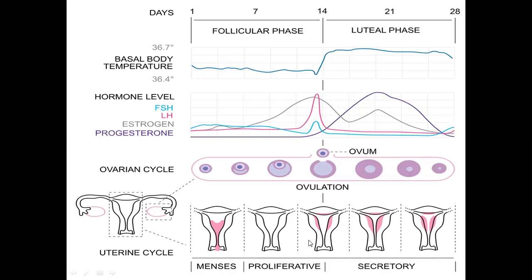Proliferative phase means development of the endometrium lining starts again, and you can see here it becomes thick, right? And in this phase, the endometrium lining is completely developed; it's the secretory phase. In this phase, there are more hormones in the female body, right? I think it is clear now.